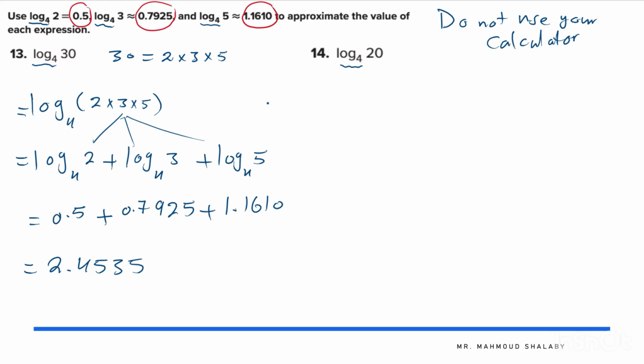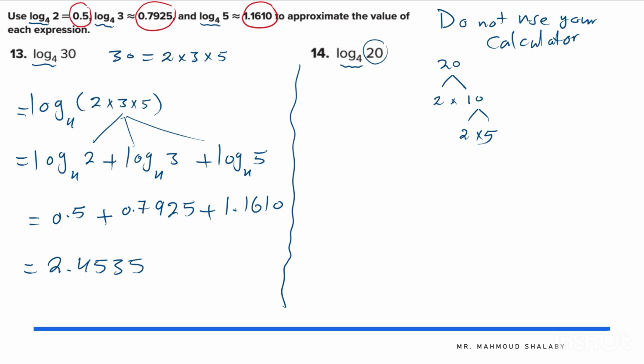All right, now let me do another one here. The same thing يا شباب, we have here the number is 20, so this 20 could be rewritten, it's up to you. I will use the prime factorization method. 20 could be rewritten as 2 multiply by 10. 10 could be rewritten as 2 multiply by 5.